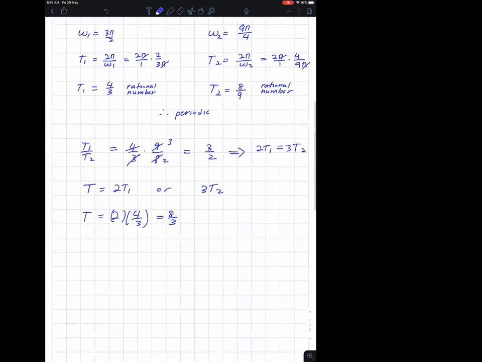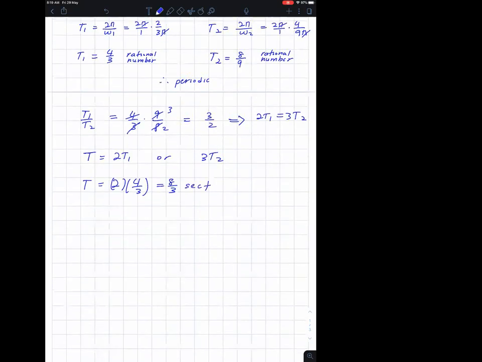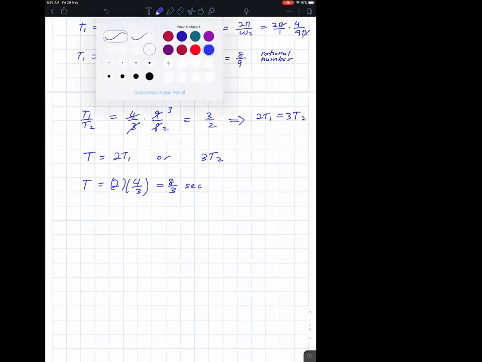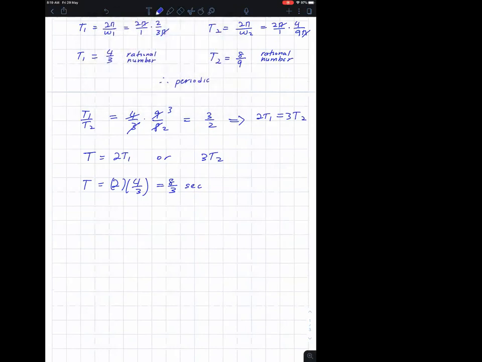So that is the period. Period should be in seconds, not kilograms or meters, in this case.